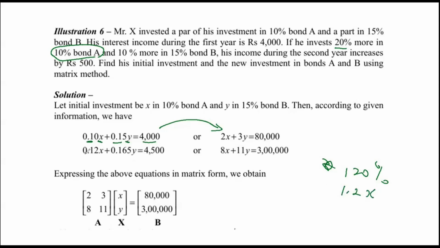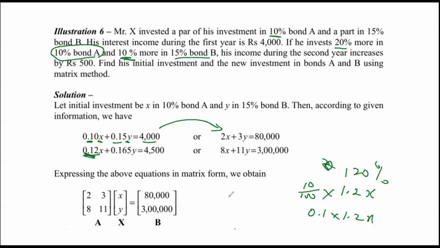But remember, you're getting a 10% return on bond yield. So 10% times 1.2x, which is 0.1 by 1.2, will give you this here. And similarly, he says he's investing 10% more in bond B, right?